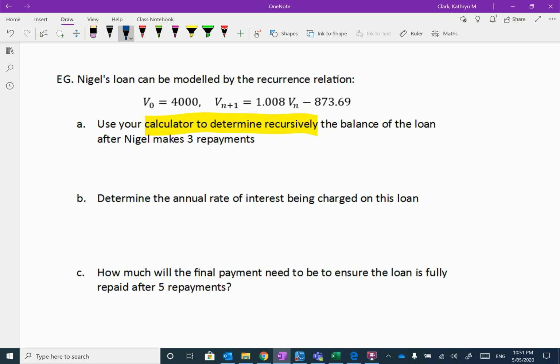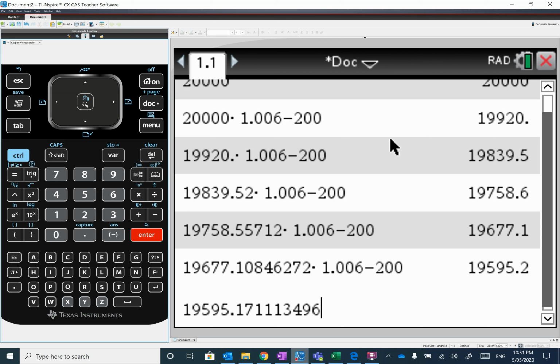So with my calculator, we've got 3 repayments. That's going to be 3 iterations. All right, so we're starting with $4,000. Let me just type 4,000 in here.